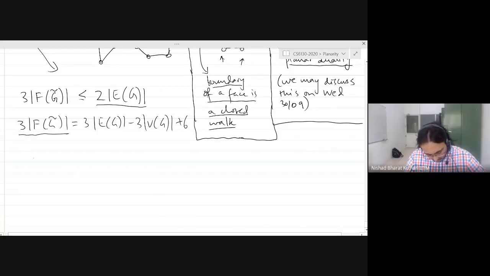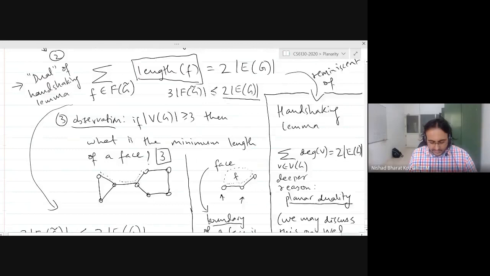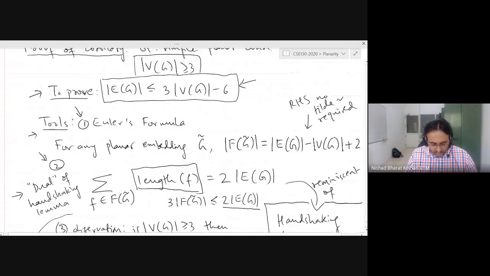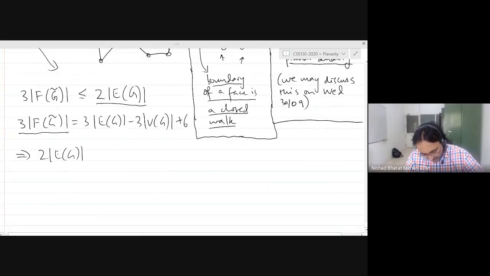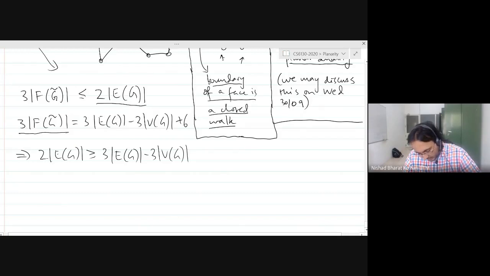Okay, so this implies, remember, we don't want to get faces, right? The bound we are trying to prove relates the number of edges to the number of vertices. So we want to throw away the number of faces. So 2 times the number of edges of the graph is greater than or equal to 3 times the number of edges of the graph minus 3 times the number of vertices of the graph plus 6. Right?